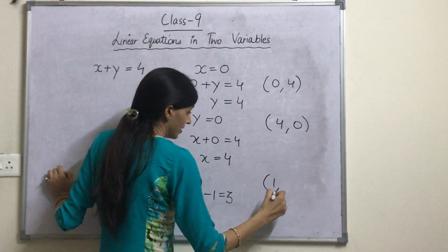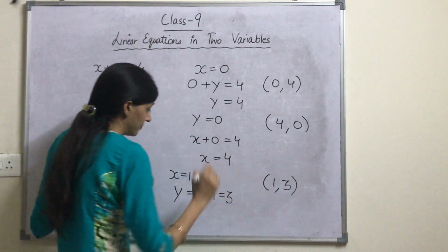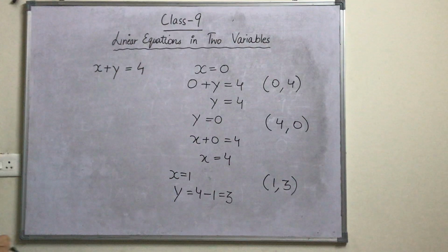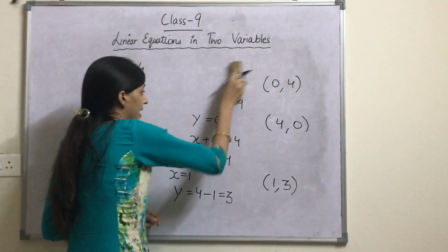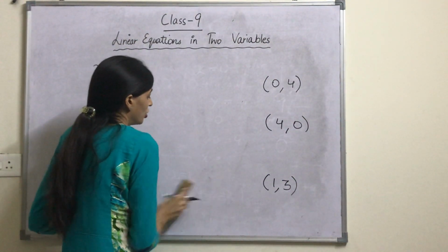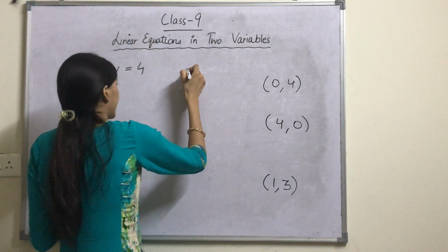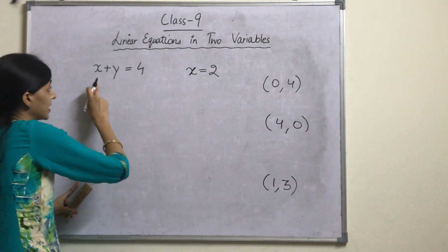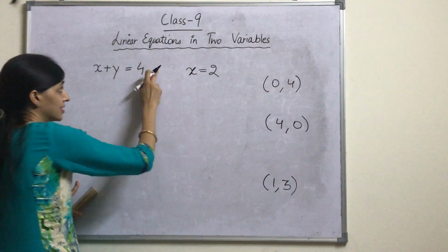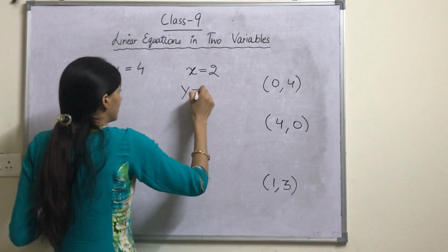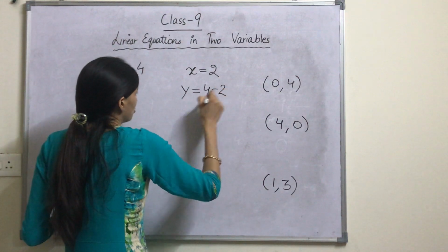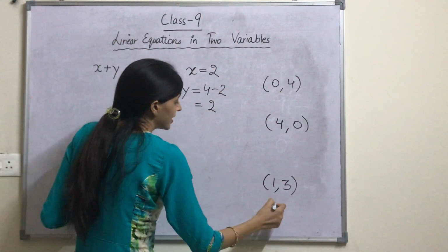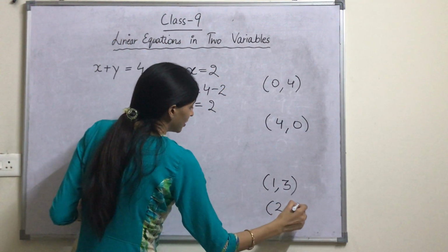So x is 1, y is 3. Next, take x as 2. When 2 moves to this side, it becomes minus 2. So y becomes 4 minus 2, that means 2. So the next point is 2 and 2.